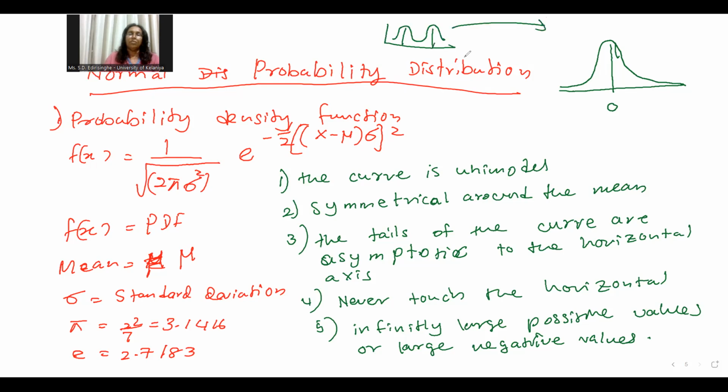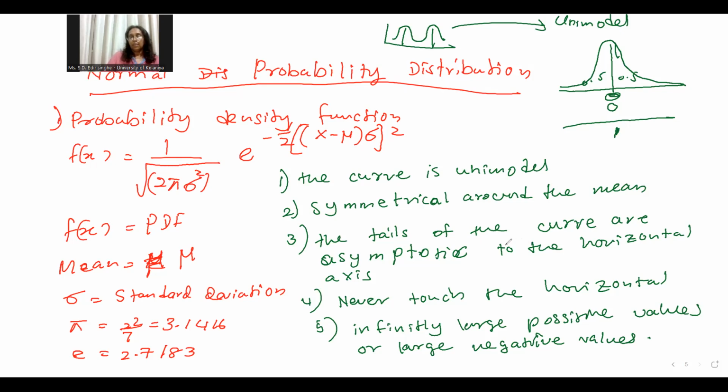So this is called unimodal. There is only one peak here. That is called unimodal. Symmetrical around the mean. This is symmetric around the mean. Here 0.5, here 0.5. So the distance is the same.